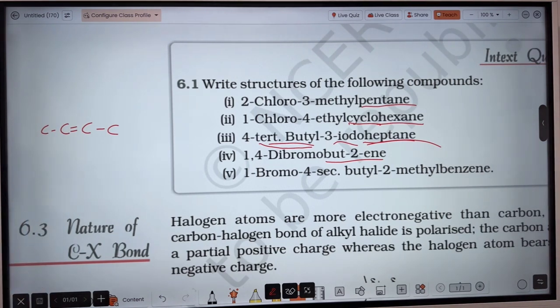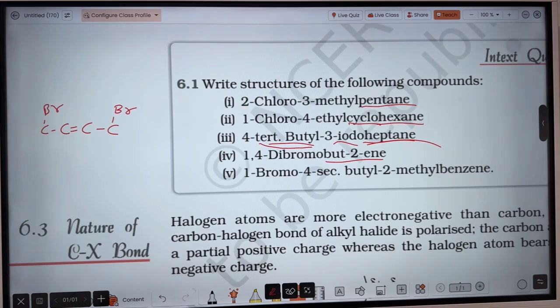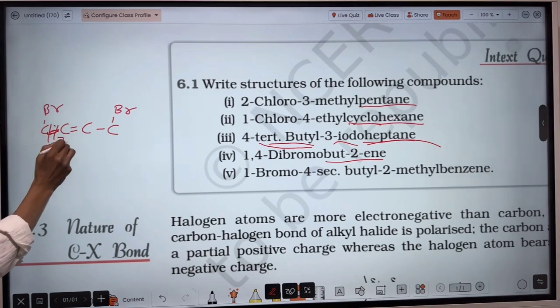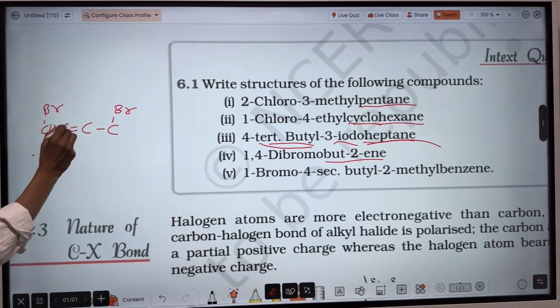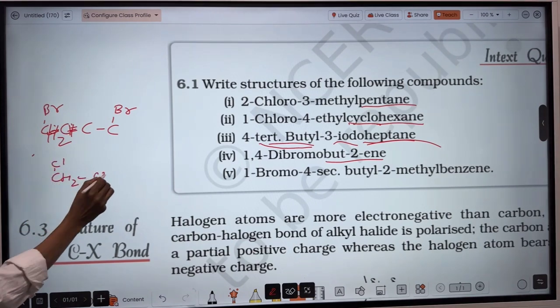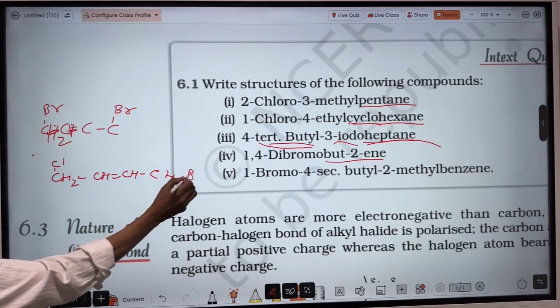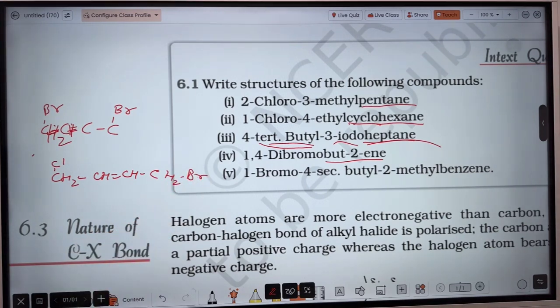So at first position there will be bromine, and at fourth position there will be bromine. 1,4-dibromo and but-2-ene. Then draw the appropriate number of hydrogen atoms. So it will be dibromo. Here bromine is.